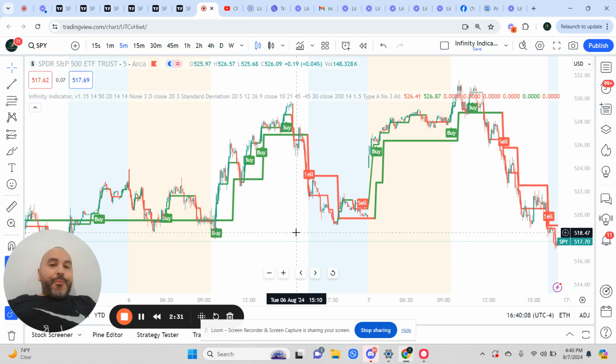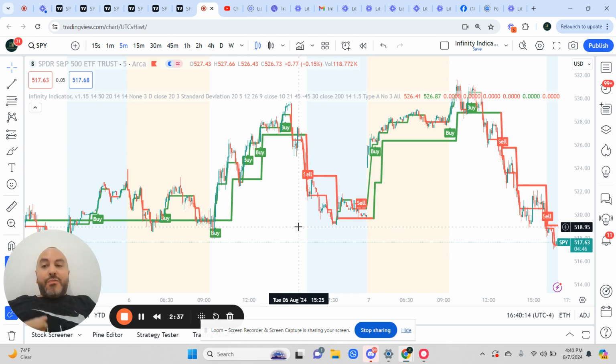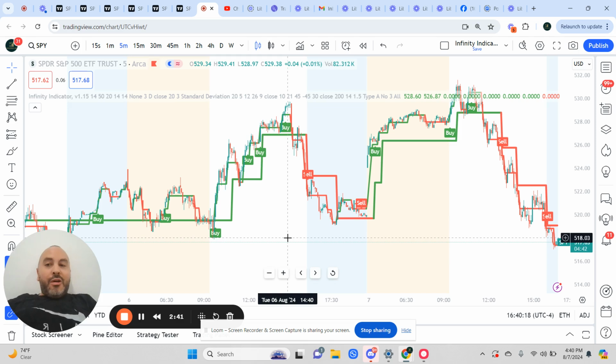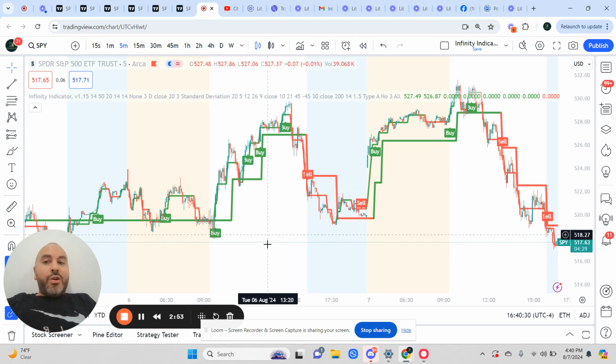How about that? It does not work only for SPY. You can use this for any stocks, which again I'll show you shortly, whether that's day trading, swing trading, or long term trading. And I'm currently working on a futures setup too, probably based off the 1 minute chart.